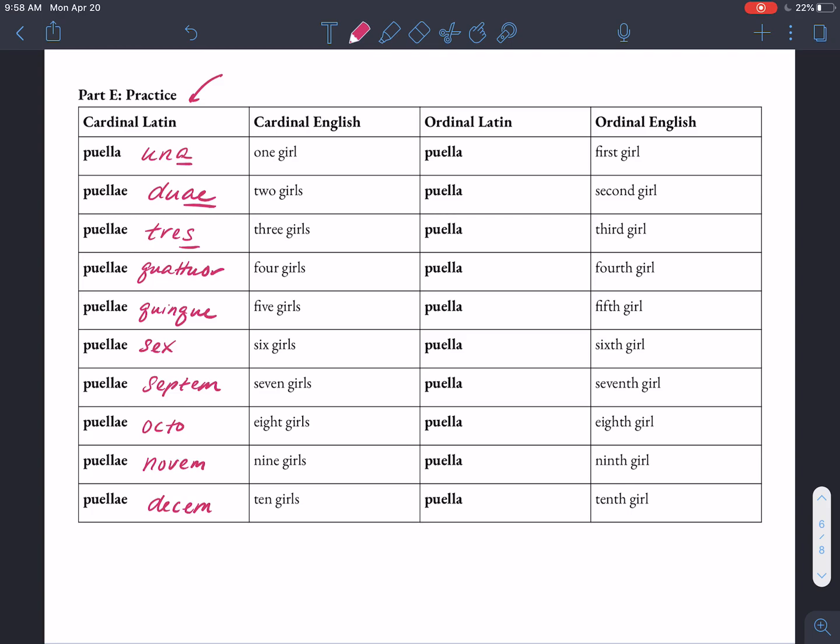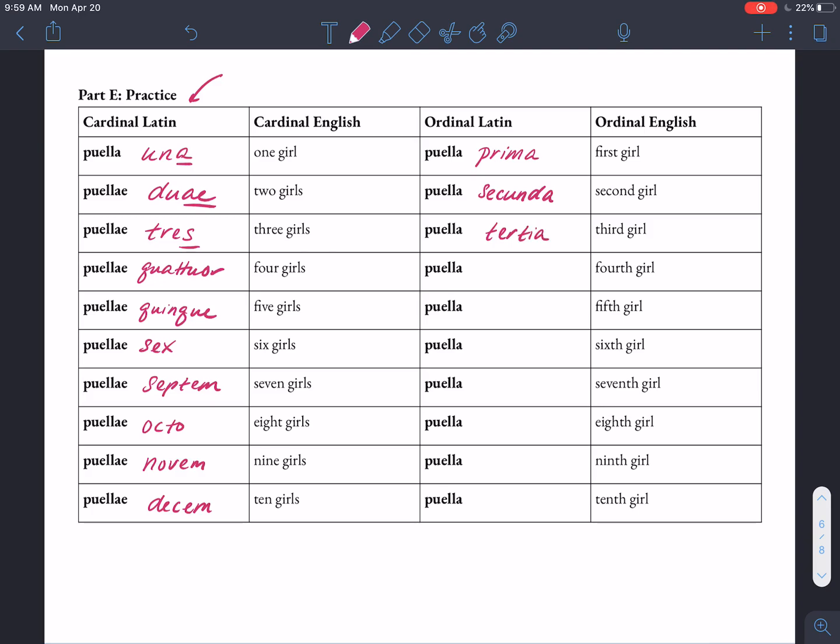So puella prima is the first girl, like the first girl to walk on the moon. We're going to rank her. We're going to say which one it was. Second girl, you'd say puella secunda. The third girl is puella tertia.